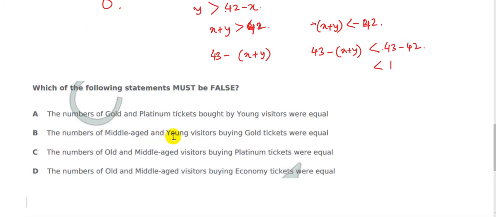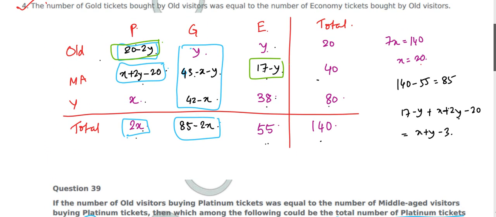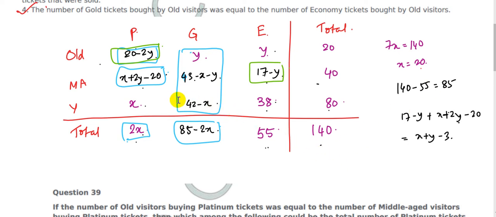Number of middle-aged and young visitors buying gold tickets are equal. Middle-aged and young and gold. So these two are equal.